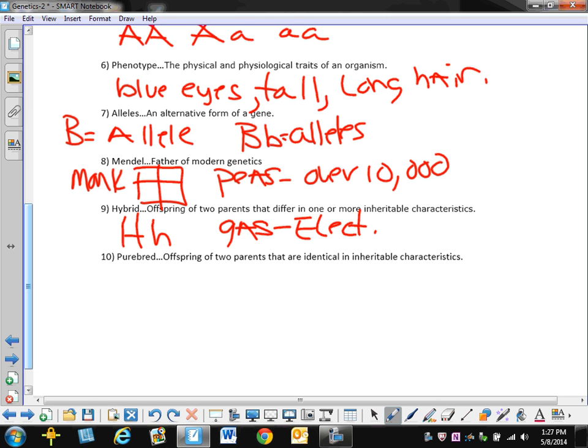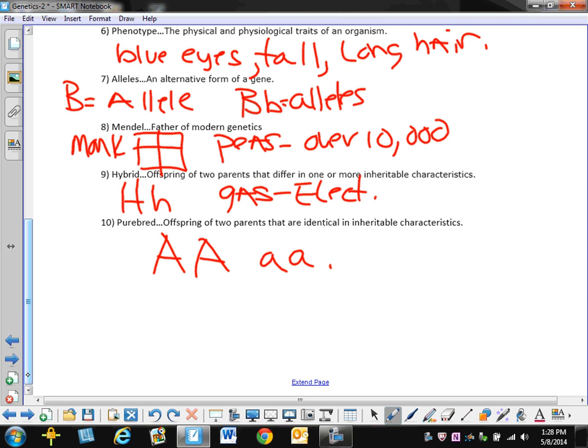Electricity makes it a hybrid. It's different. Two things that are different. Are these two different? Yeah. When we talk about different, they're different sizes. This is heterozygous. Purebred. Another word for homozygous. You talk about purebreds when we're trying to keep a bloodline pure coming down. We're raising horses or dogs or cats.